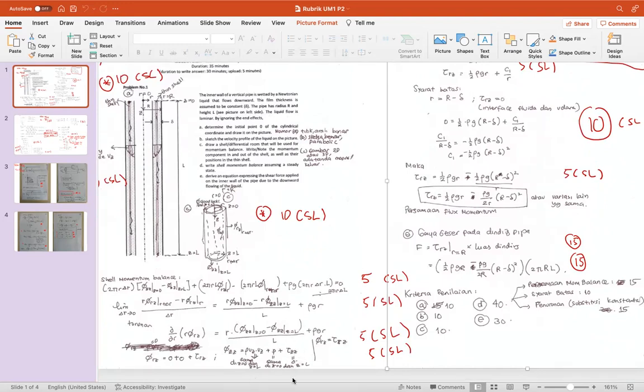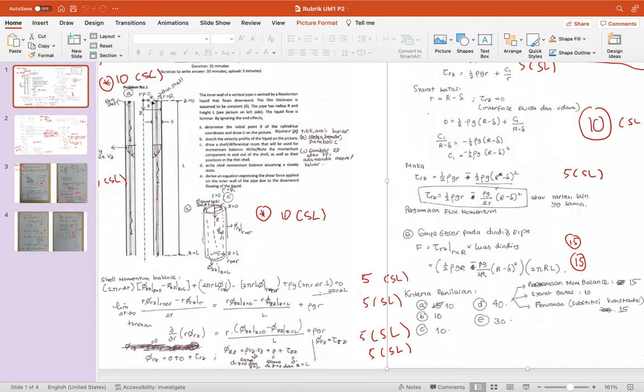One of the very important things is that the pressure is similar, sama, at z equal to 0 and z equal to L, because it is an open system. So the pressure here and here at a certain r is similar.